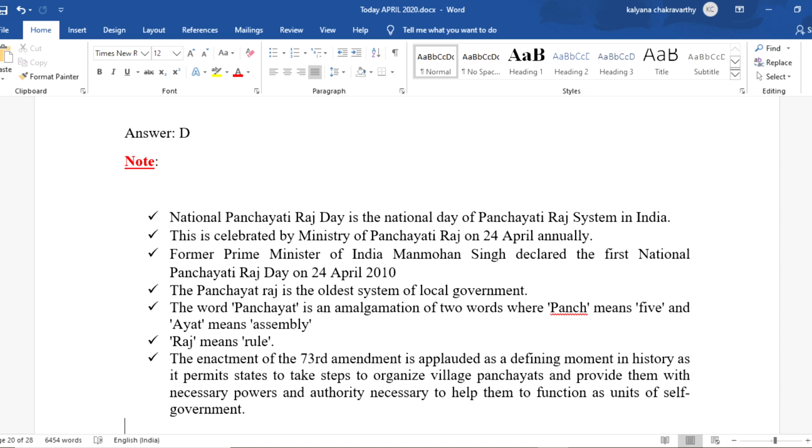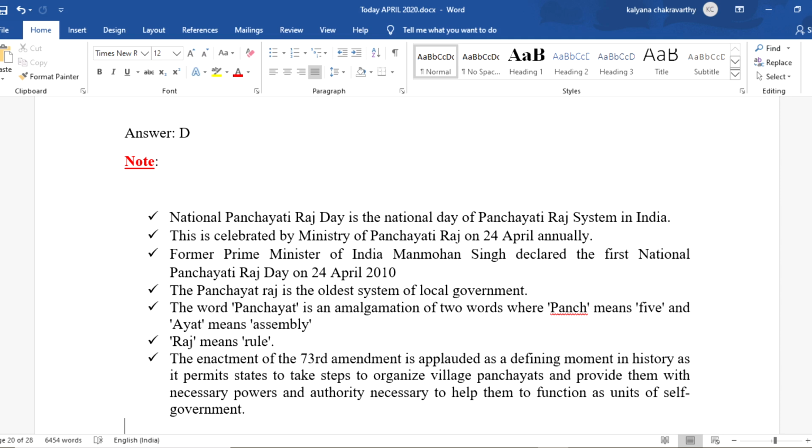And Panchayati Raj is the oldest system of local government. The word Panchayat is an amalgamation of 2 words, where Panch means 5 and Ayat means assembly. Right? Raj means rules.